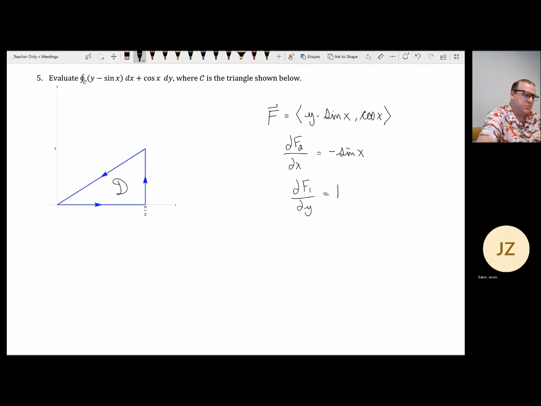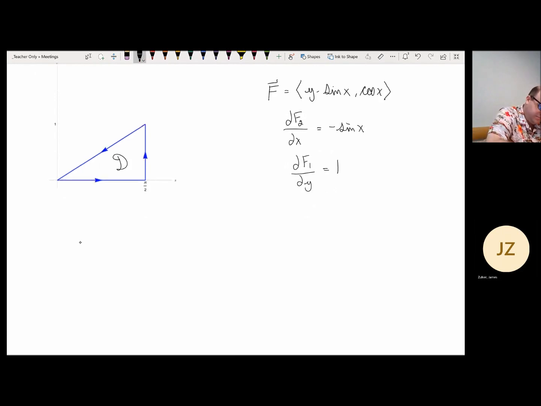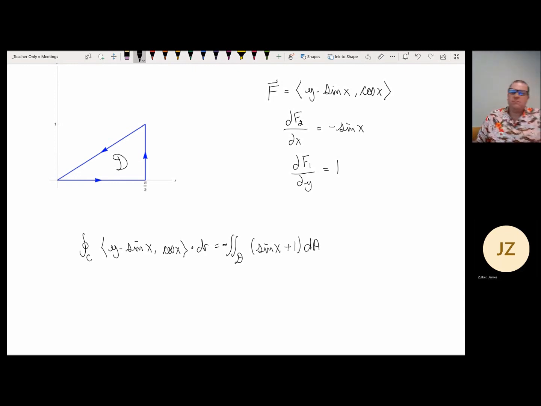Partial F1 with respect to y is 1. I'm going to factor out a negative, because you have negative sine x and it's going to be negative 1.